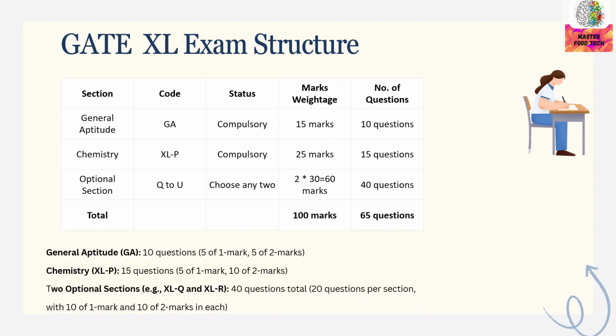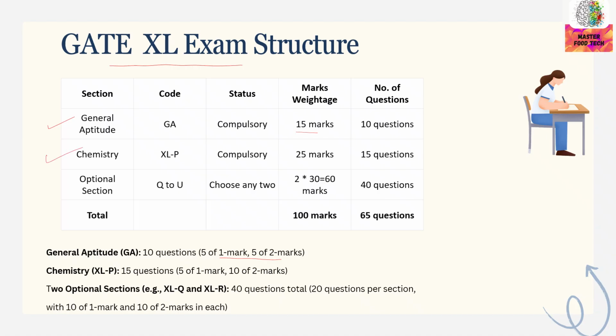Now let's understand the GATE XL exam pattern. So here we have the general aptitude, which is a compulsory section. You have to attend it, which is of 10 questions. 5 questions are of 1 mark and 5 questions are of 2 marks. So in total in this section you will get 15 marks. Next is chemistry. This is also a compulsory section.